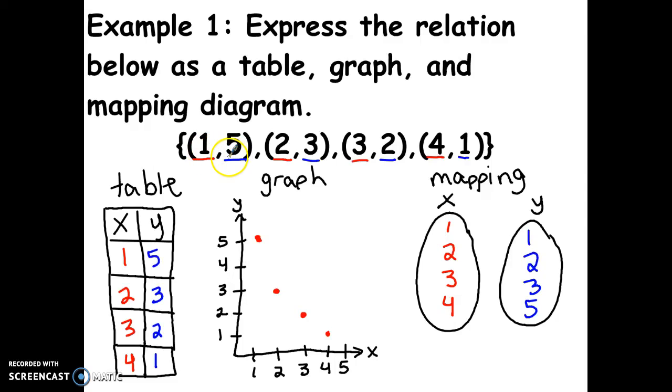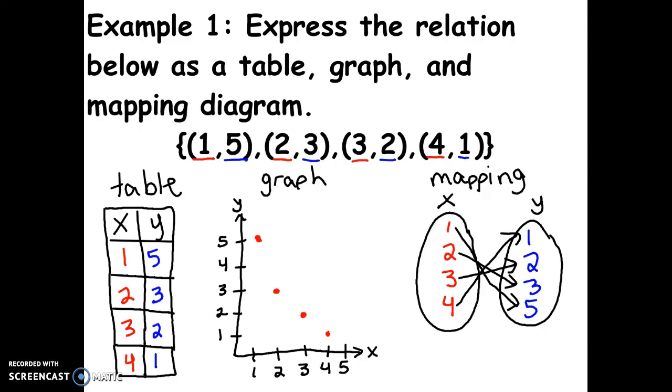So our first ordered pair is 1, 5. So we're going to draw an arrow from our 1 to a 5, showing that those two numbers are paired together. Next we have 2, 3, 3, 2, and 4, 1. And we have completed our mapping diagram.